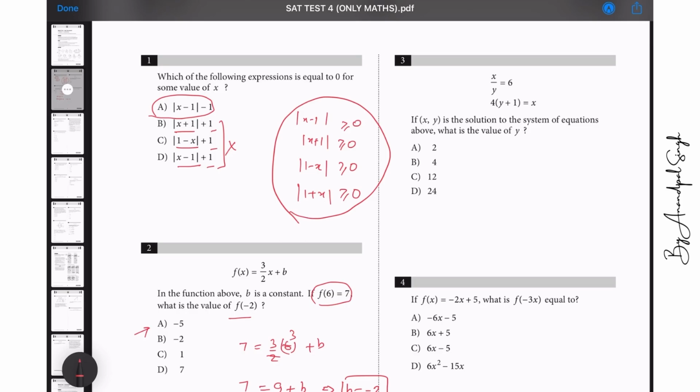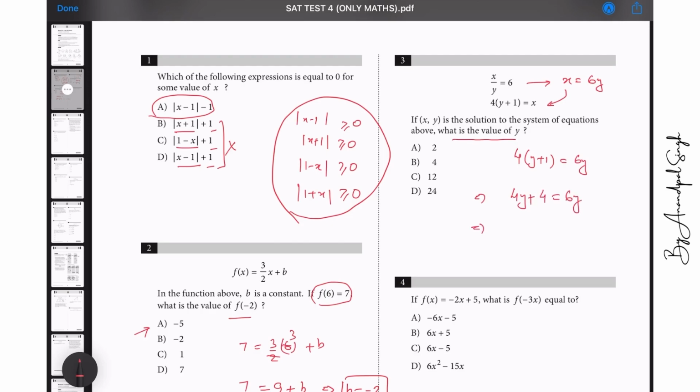So x over y equals 6, then 4 times (y plus 1) equals x. What is the value of y? It means that we have to just remove x from both of the equations. See, from this equation we can write that x equals 6 times y. Just plugging x over here, we get 4 times (y plus 1) equals 6y. It means 4y plus 4 equals 6y, right?